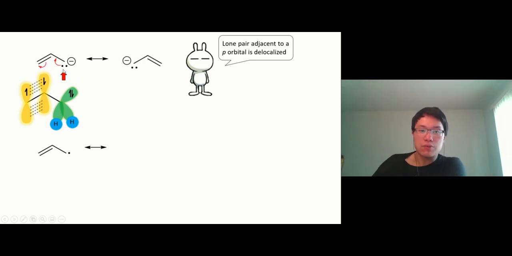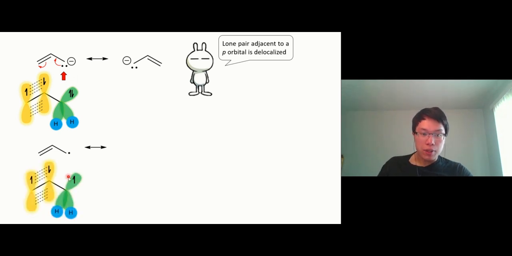You can draw the curved arrow like that. The radical, also in an sp3 orbital, can rotate around. Maybe it's not as trigonal planar or tetrahedral, but it can rotate around and line up parallel with the p orbital of the pi bond. So you can draw a resonance structure as well.